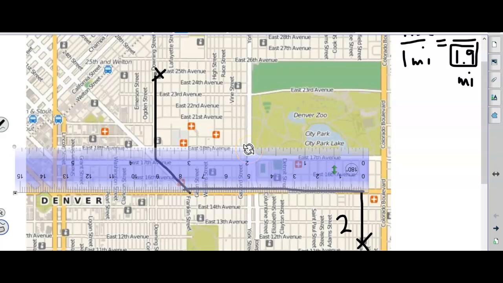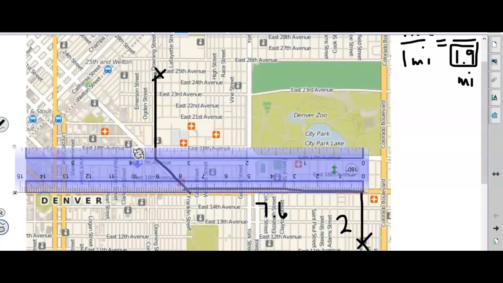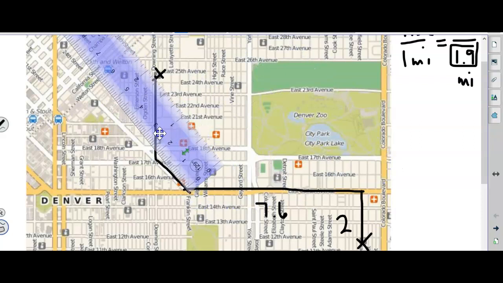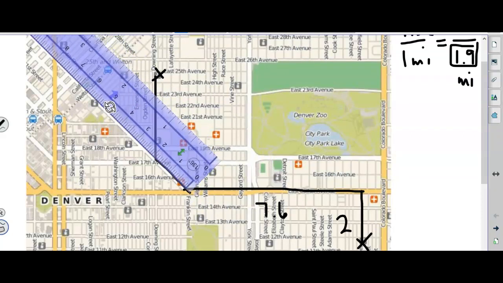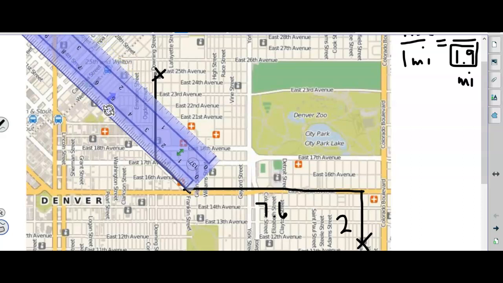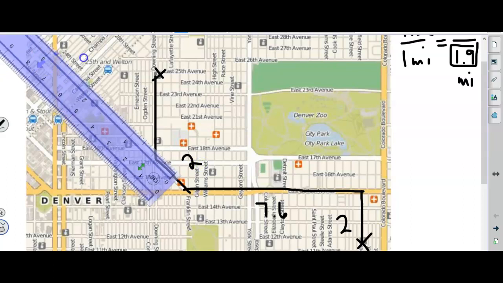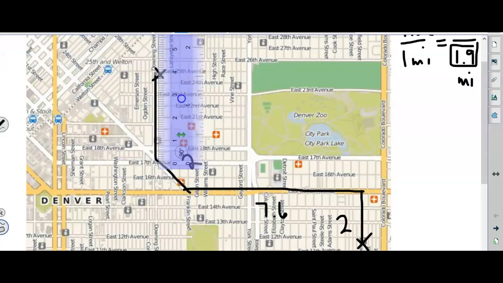That is about 7.6 centimeters. This diagonal street then is about 1.82. We'll just round it to 2. About 2 centimeters. And then this one is about 3.5 centimeters.